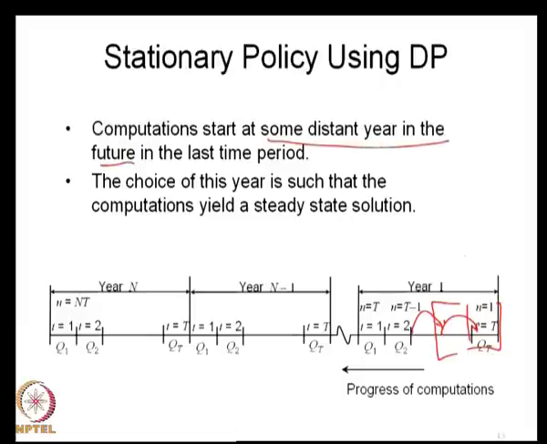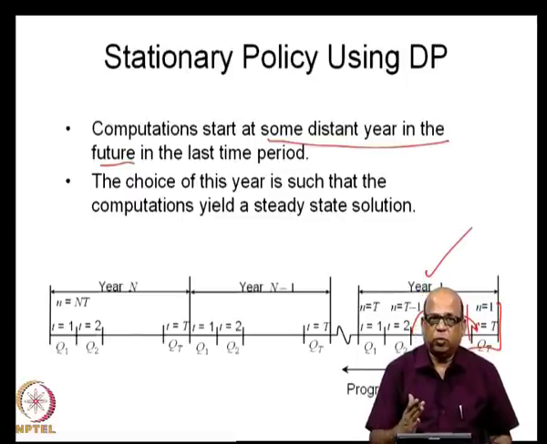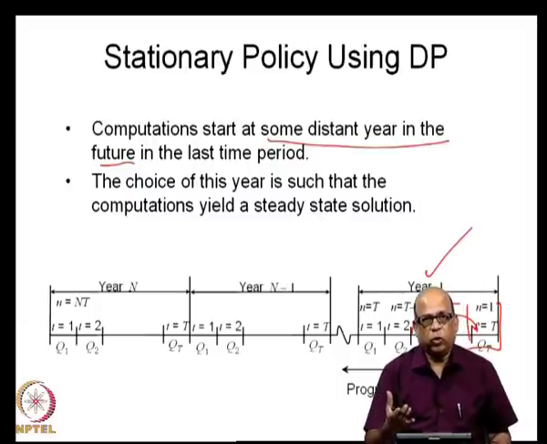Do not worry whether it is year number 20, year number 30 and so on. This distant year in the future is the starting point, and then you progress backwards. Keep doing the computations in the dynamic programming until you reach a steady state. By steady state, I mean the state where the annual returns will remain constant. The policy converges to a certain policy.